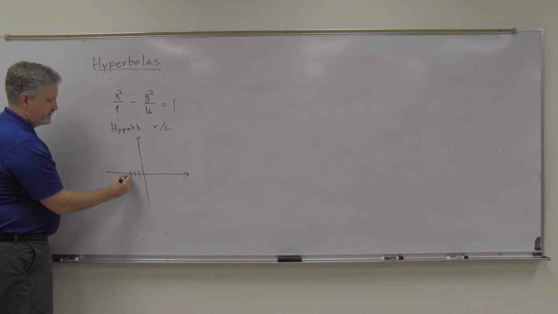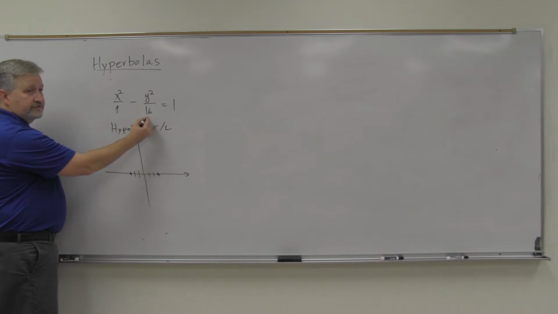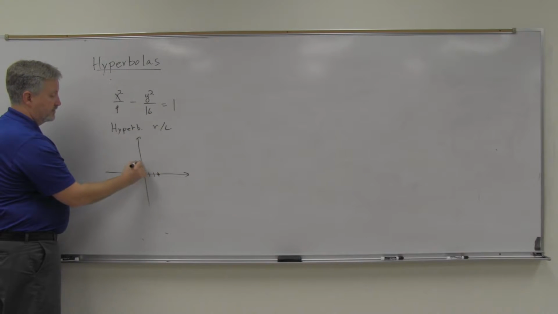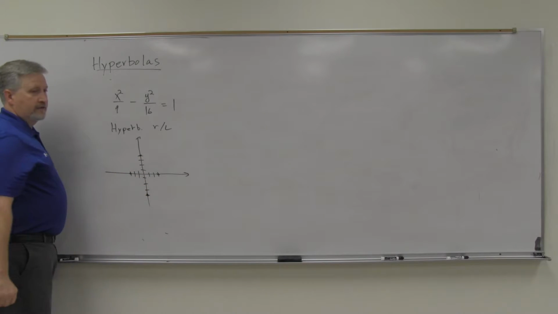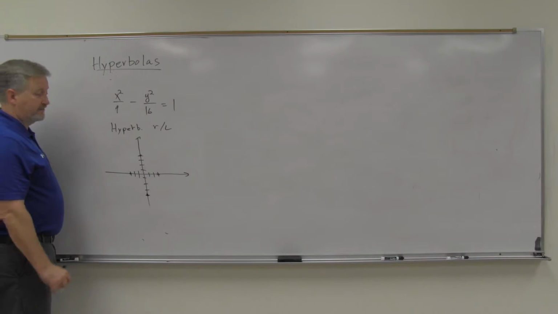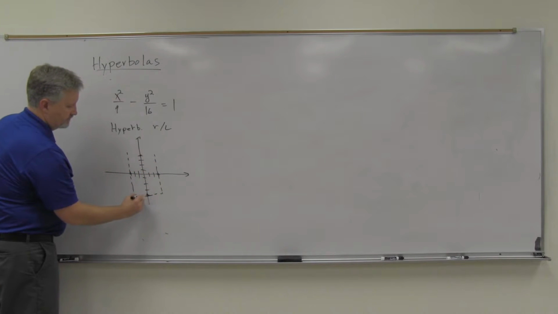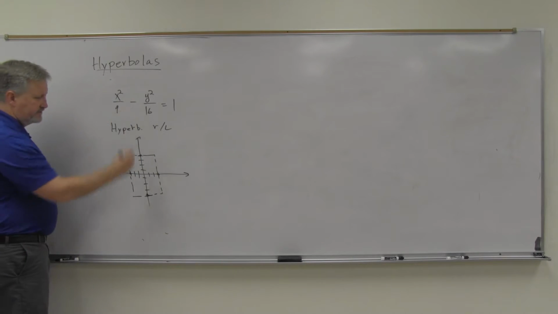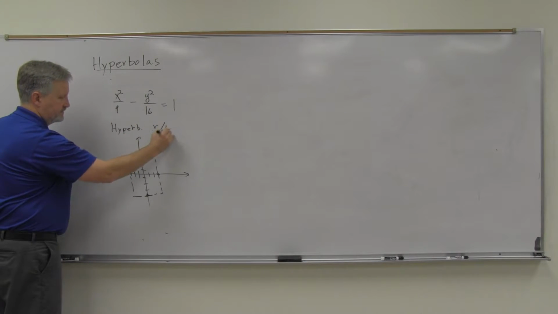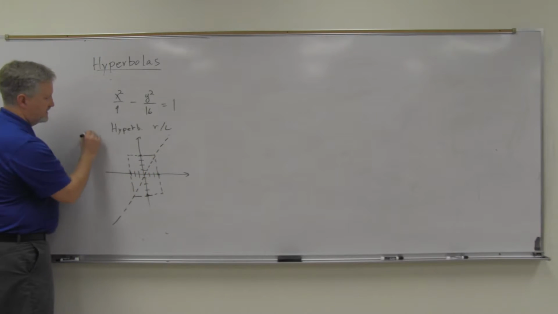So on the x we go 3 and minus 3. On the y, the square root of 16, 4 and negative 4. But you draw a rectangle with those. Straight up through those, straight over from those. Fundamental rectangle. That gives you the diagonals extended, gives you the asymptotes. Slant asymptotes.